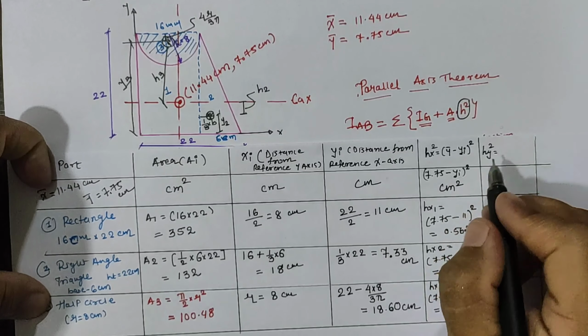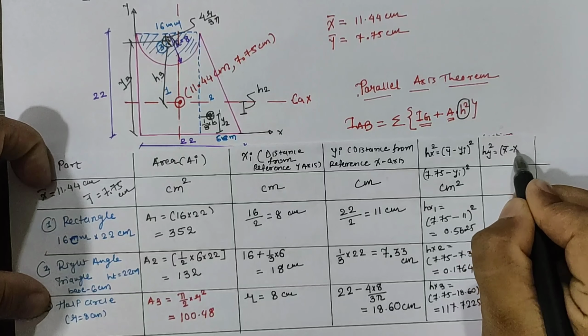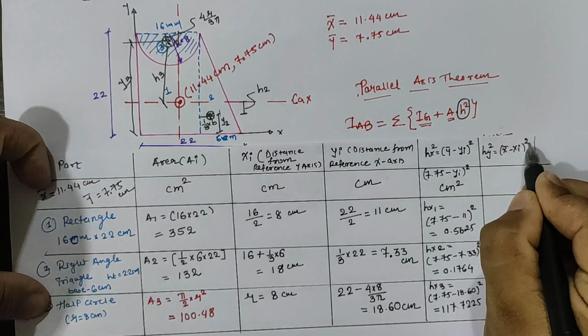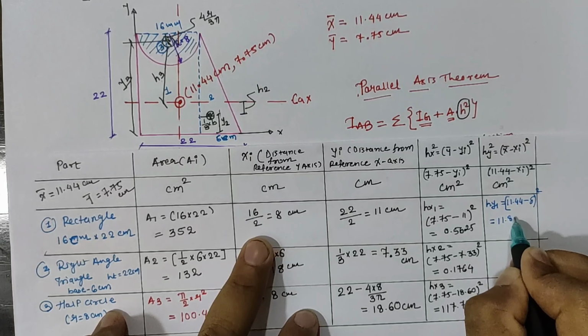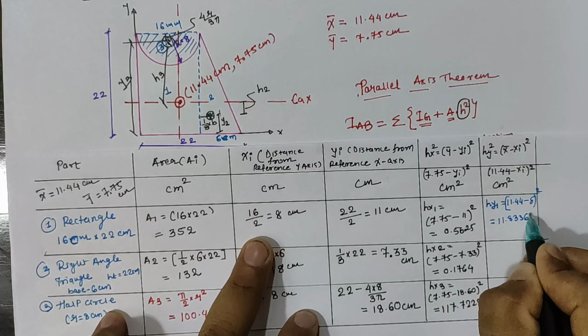Similarly for hy, our value is x bar minus xi whole square, where x bar is equal to 11.44 minus xi as the tabular form value all square, in terms of centimeter square. So for hy1 it is 11.44 minus 8 square, which is equal to 11.8336.